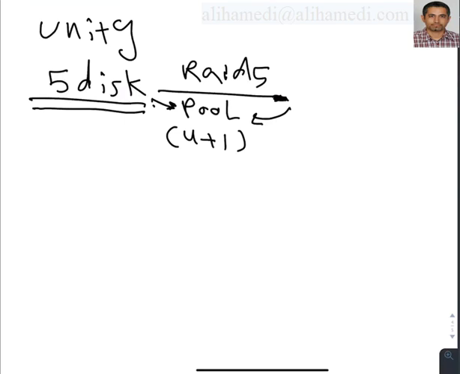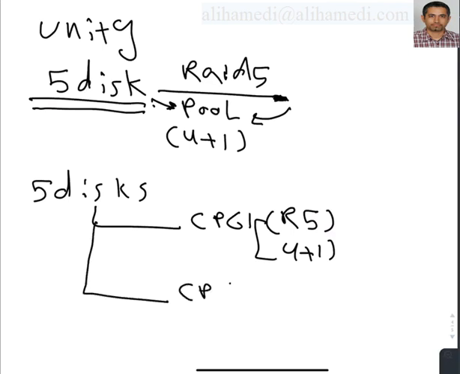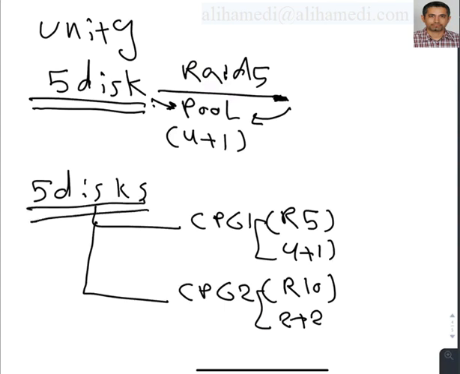But in 3PAR, if we have 5 disks, we can have CPG 1 with RAID 5 and RAID set 4+1 on these disks, and also CPG 2, for example, with RAID 10 and RAID set 2+2, again on these same 5 disks.